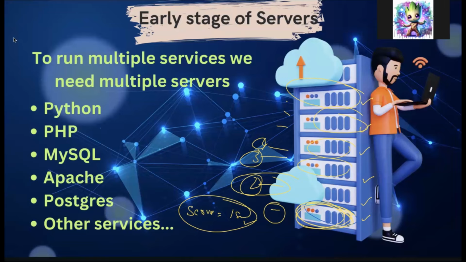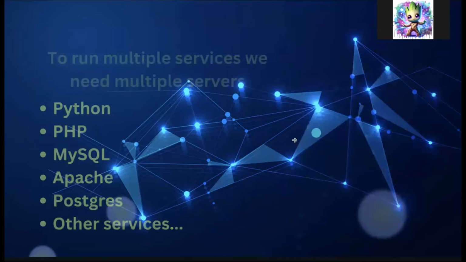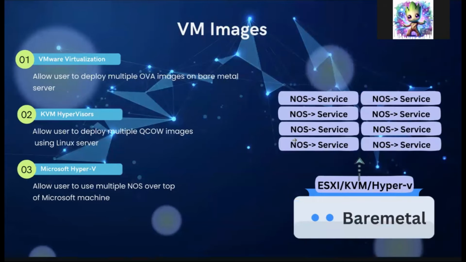Let me go to the next slide. Now, the moment we talk about VM images, it means we have virtual machines we can use. We will be holding one single bare metal server. Earlier, assuming we have multiple services, we needed multiple physical servers.